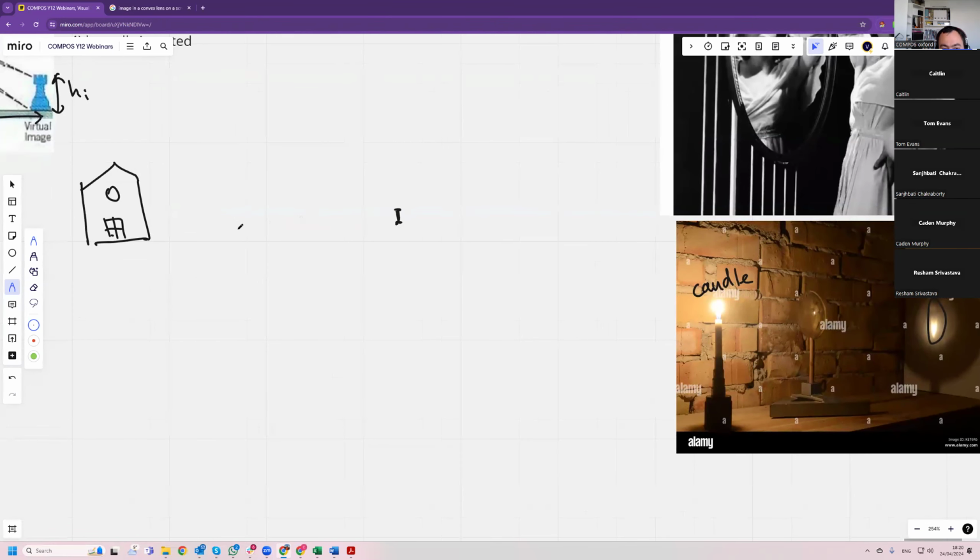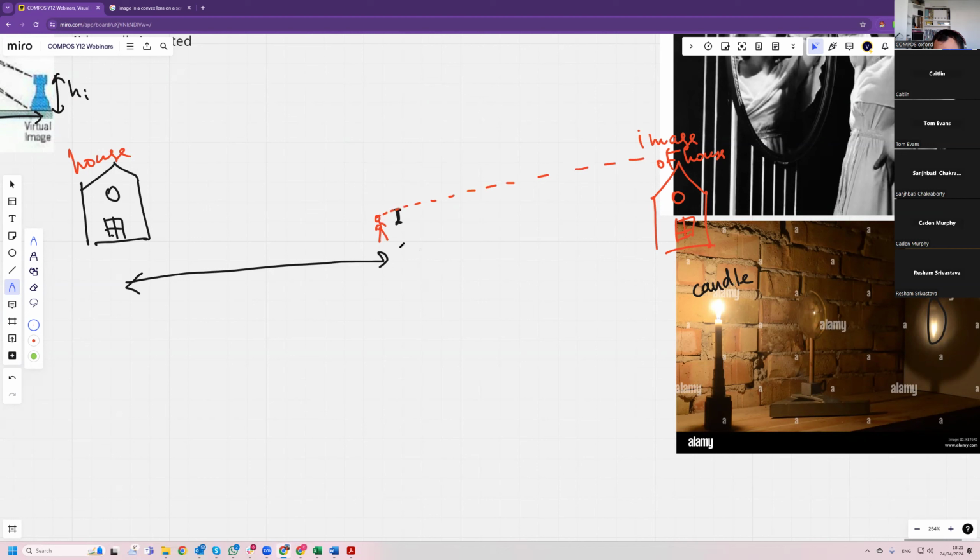But then the image of the house is the same distance, so the image is right here. The image of the house. This is the house, and I'm standing here with a small mirror and I'm viewing the image through my phone.